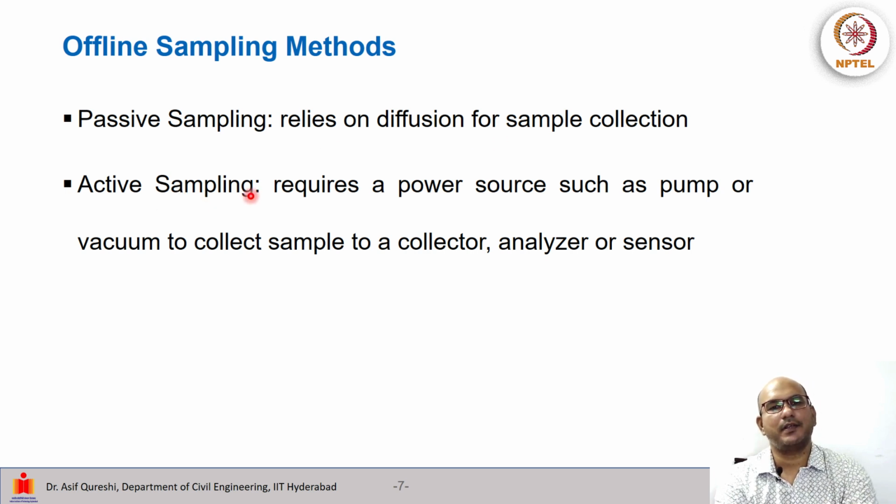In active sampling, we require a power source such as a pump or a vacuum to create a force to suck the air through the collector or the analyzer. Collector if we are collecting the sample and taking it, or the analyzer if the air is directly being analyzed, or a sensor.